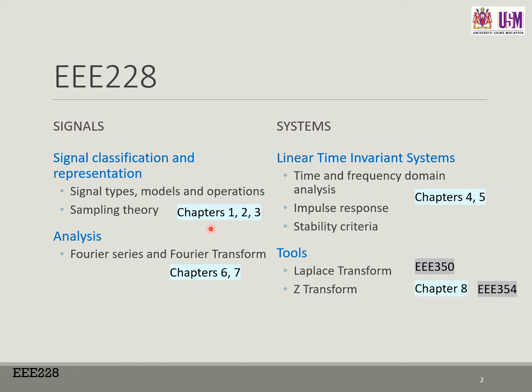Chapters 4 and 5, you see linear time invariant systems, and chapters 6 and 7 are the Fourier series and Fourier transform. And lastly, Z transform, you'll see that in chapter 8. And for Laplace transform, you will learn in your third year in EEE228, and for some of you who will be taking EEE254, you will look at Z transform again.